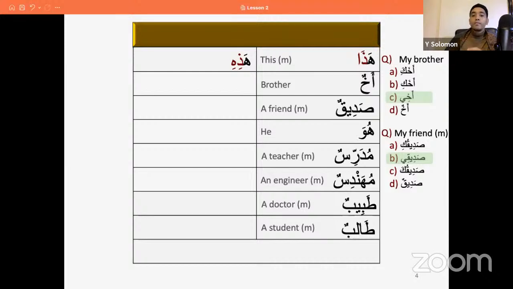For example, the word sister is أختٌ. I cannot say هذا أختٌ, this is a sister. I have to say هذه أختٌ. It has to match. The indicating word must match the thing that you're indicating to, in terms of gender.